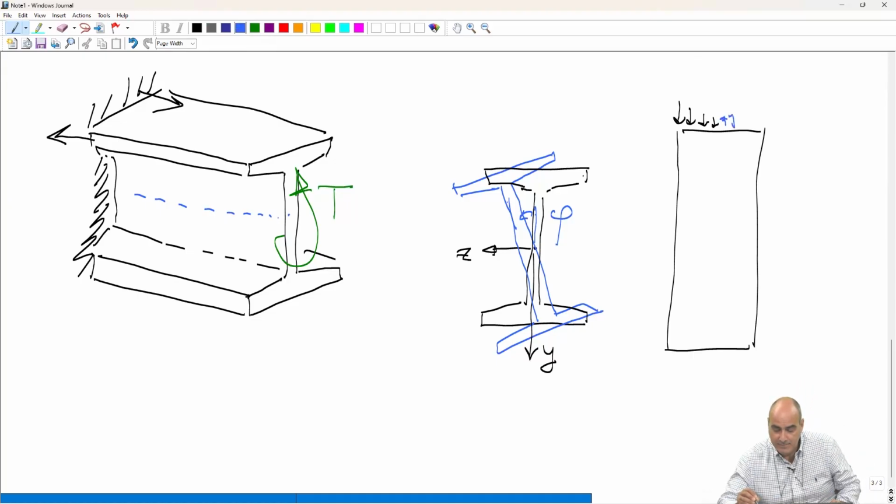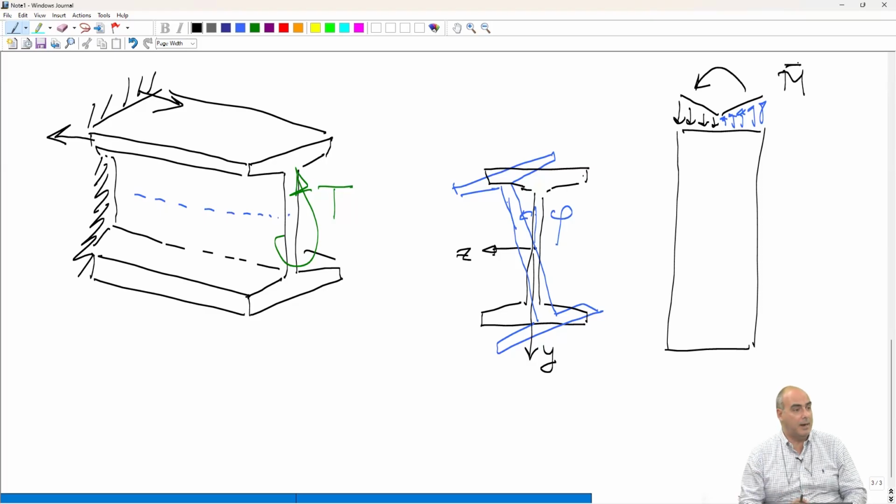So I have tensile stresses here. This distribution of stresses, what does it correspond to? It does correspond to a parasite bending moment.